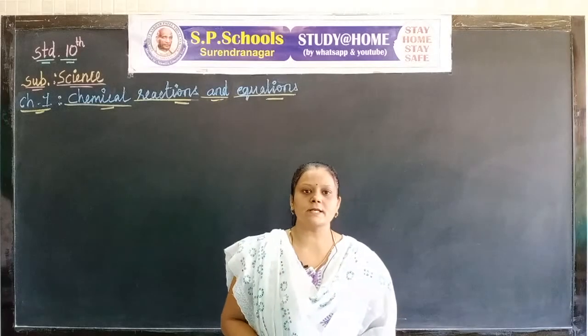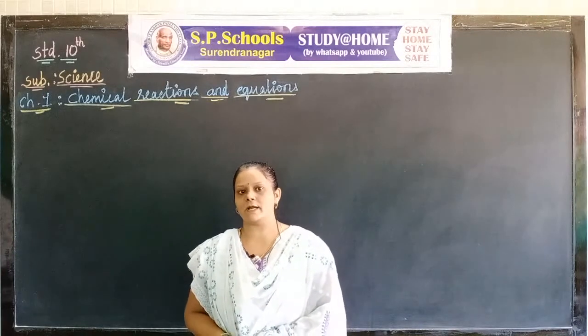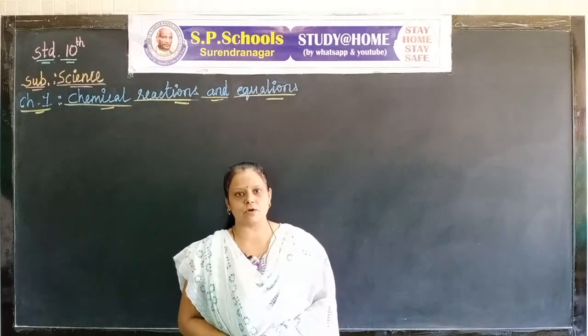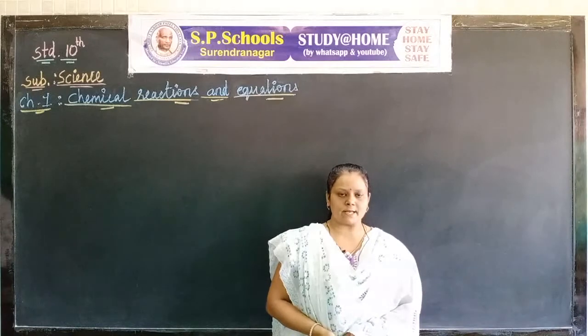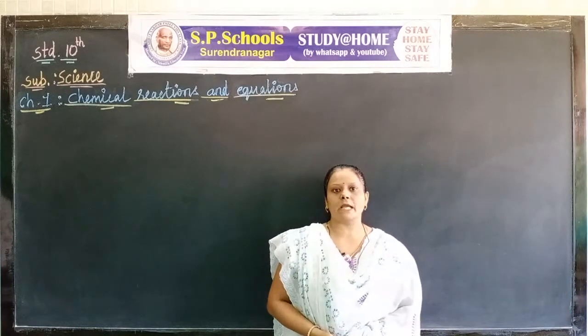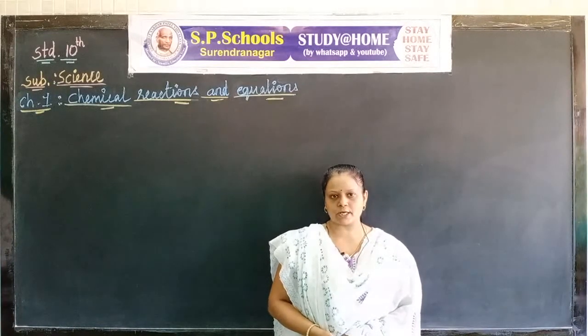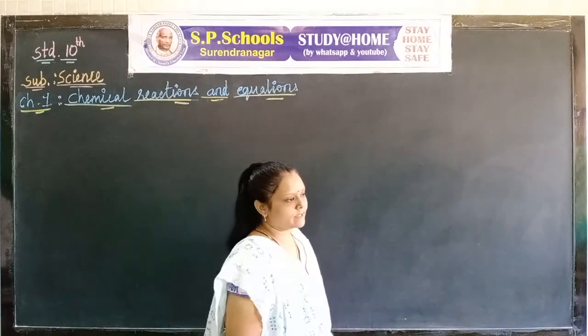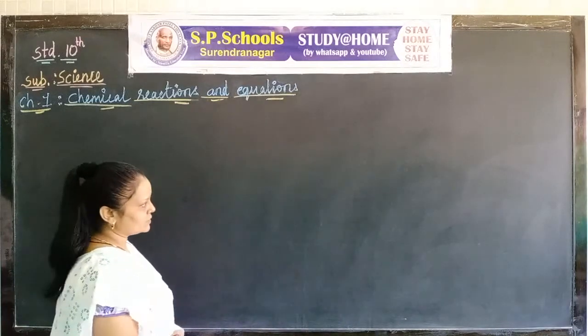Students, in chemical reaction we studied one type of chemical reaction, which is called combination reaction, and we have already studied decomposition reaction. Let's see another activity related to decomposition reaction.